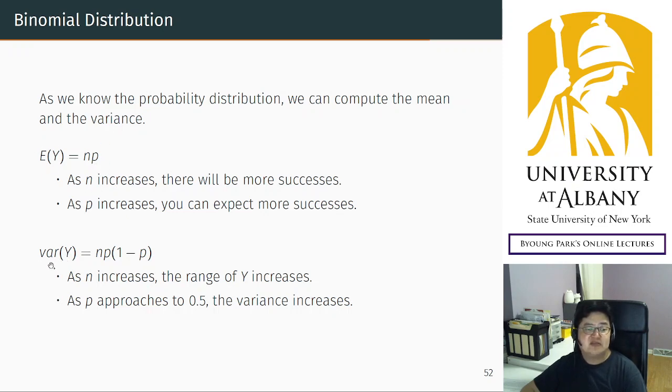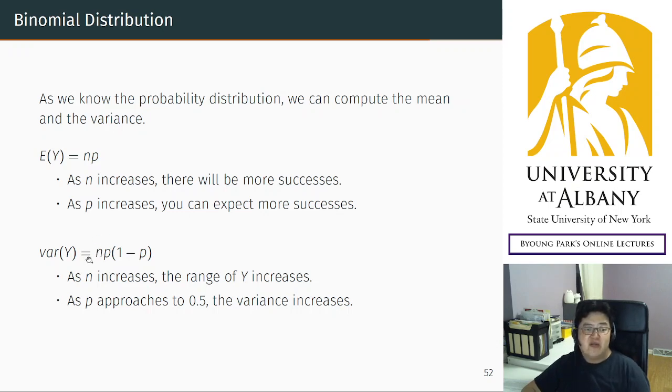And for the variance, what you get is n times p times 1 minus p, right? It's also pretty simple. The probability of success times the probability of failure times the number of experiments.